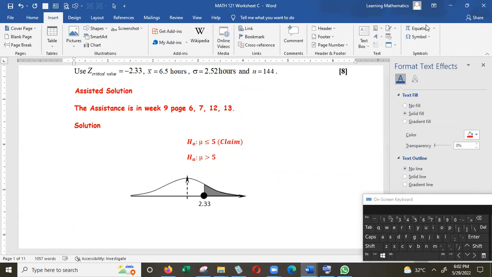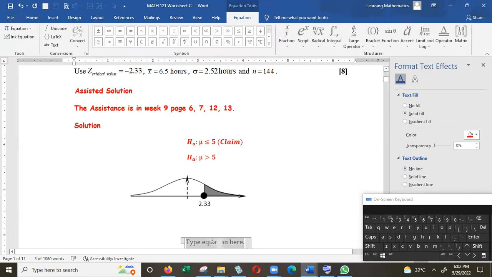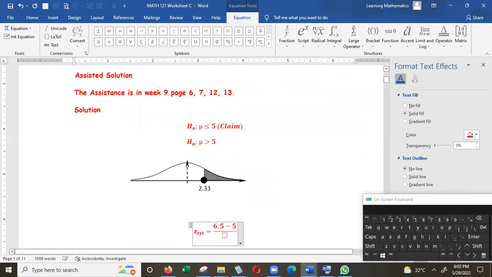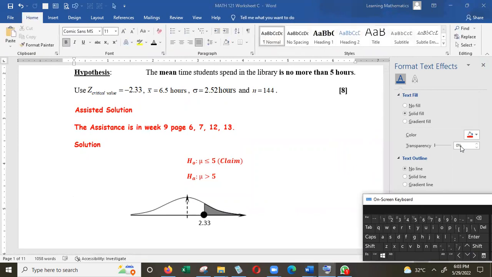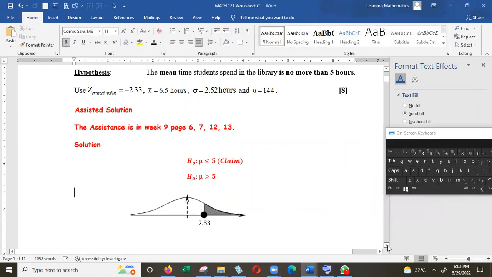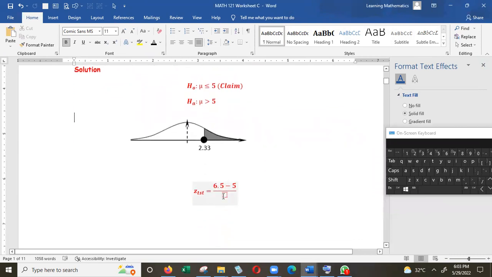We go to insert, we go to equations, and the z-test statistic is equal to, open bracket, x bar, which is 6.5, minus mu, which is 5, divided by sigma, which is the population standard deviation, 2.52, divided by the square root of n. N is 144. Okay, so here we have it.